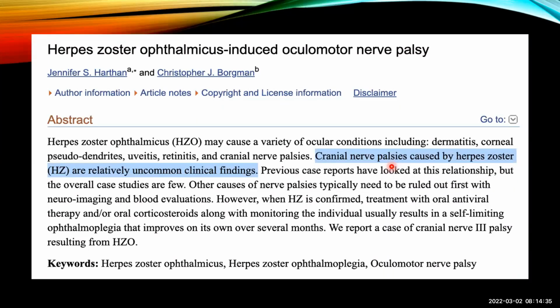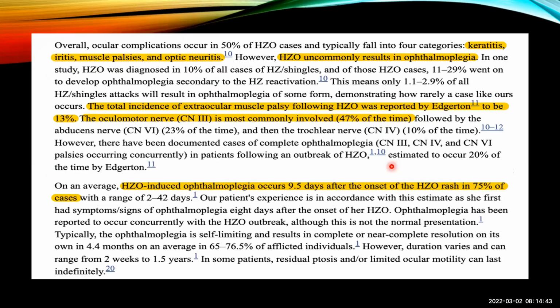Bachmann and Horton reported a case of herpes zoster ophthalmicus-induced ocular motor nerve palsy. From their report and literature review, they found that ocular complications occur in 50% of HZO cases and typically fall into 4 categories: keratitis, iritis, muscle palsy, and optic neuritis.